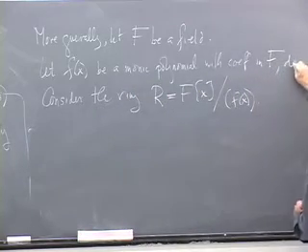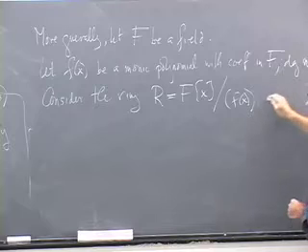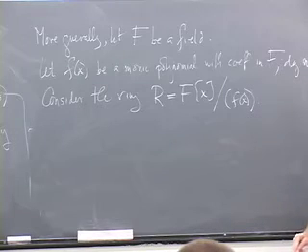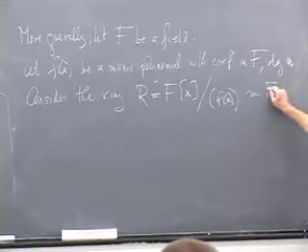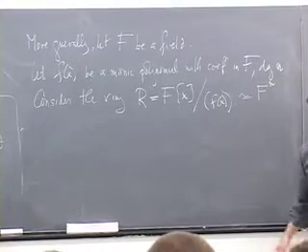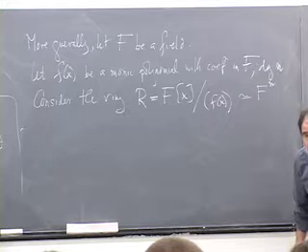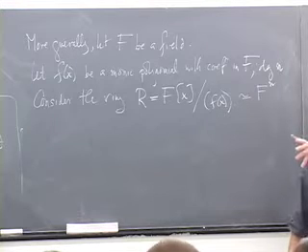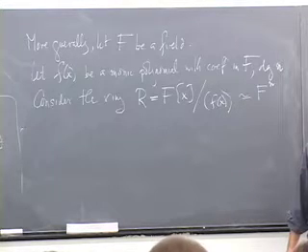Say this has degree n. No, no, arbitrary monic polynomial. This ring, as we've seen, as an abelian group looks like n copies of F, additively. And the question is, when is it a field?